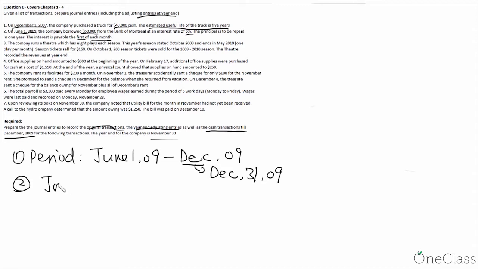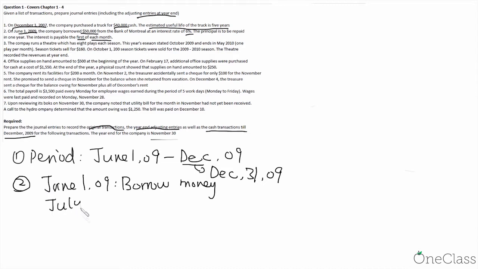And then we need to figure out what's the relevant date of the transactions. So on June 1st, 2009, we borrow the money. So that's our first transaction. And the interest is payable the first of each month.